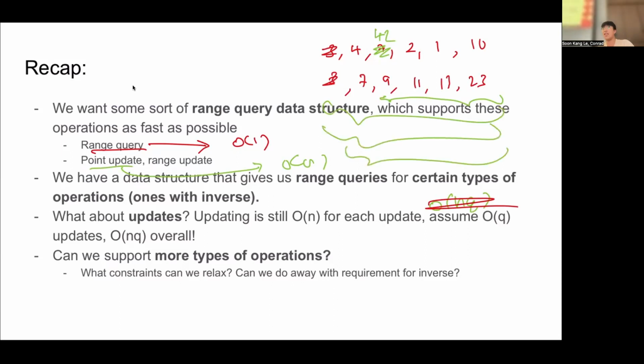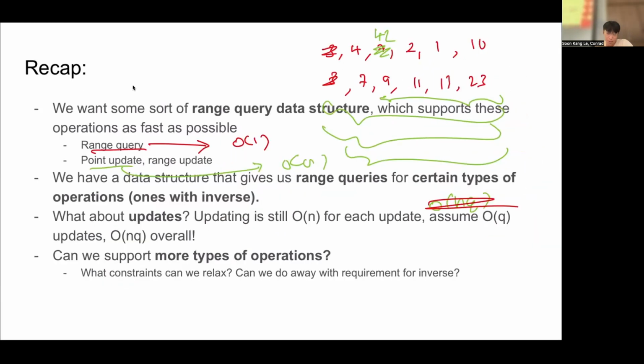Each time we recalculate the prefix sum, it's N operations, and then we do Q times of these recalculations. So it's NQ overall. So with prefix sums, we don't get better efficiency in terms of update operations. Yes, we get better efficiency when it comes to range queries, but our update operations are still as inefficient as before.